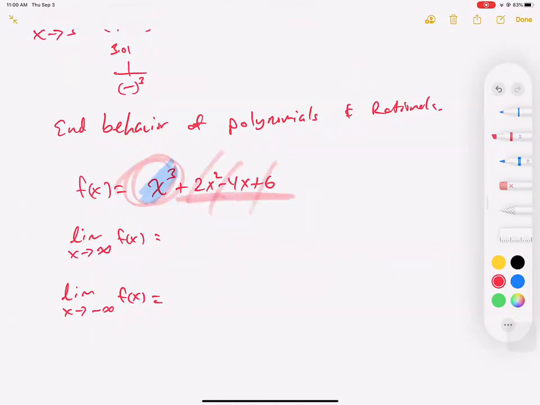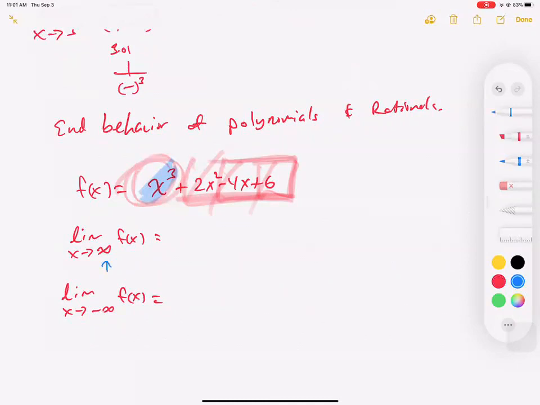Do you think Bill Gates cares about $6? No. Do you think Elon cares about this line function? Ooh, it's a line function. Oh, scared. You have x cubed here. X squared? Nobody cares about x squared when you got x cubed in the room. So the point is that we only care about the largest exponent, and that's the x cubed.